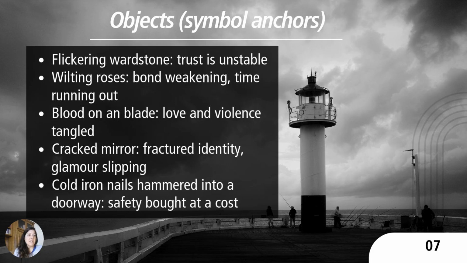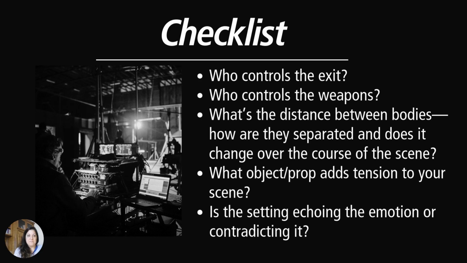Blood on a blade, the juxtaposition of love and violence all tangled together, mixed up. A cracked mirror is a beautiful one, right? Bad luck, a fractured identity, a glamour slipping for just a moment, just long enough for another character to see. Cold iron nails hammered into a doorway. It's safety, but it's been bought at a cost.